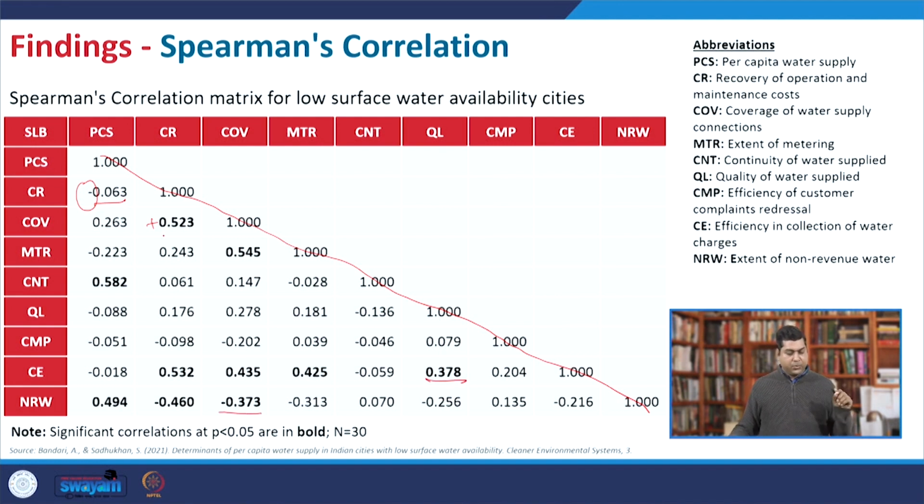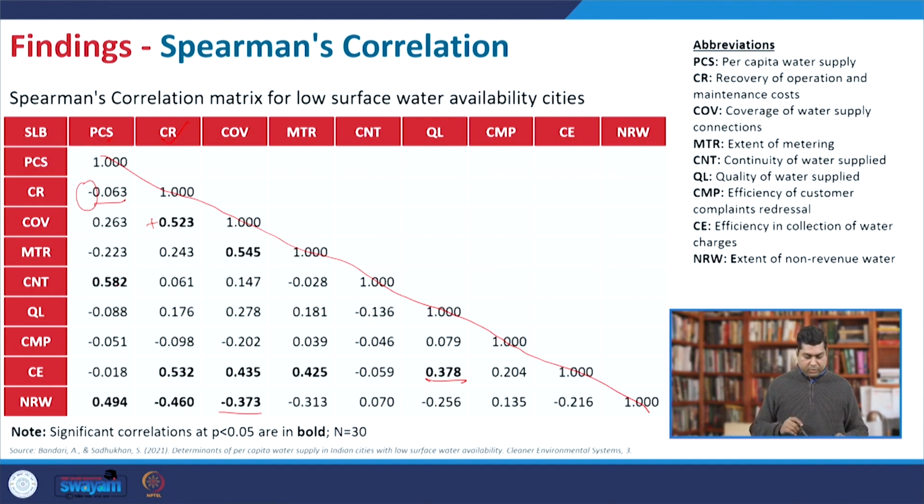So now how to read this particular table, that is very important. Say, in this particular case of PCS versus continuity, whenever the continuity is higher, then PCS will be higher. So continuously you have to supply the water, so definitely in that case there will be more water being put into the distribution main.